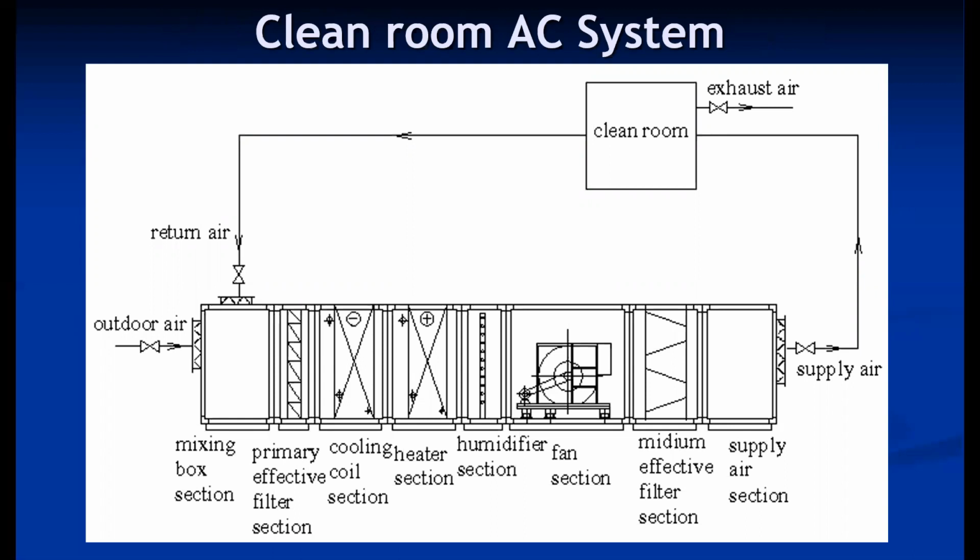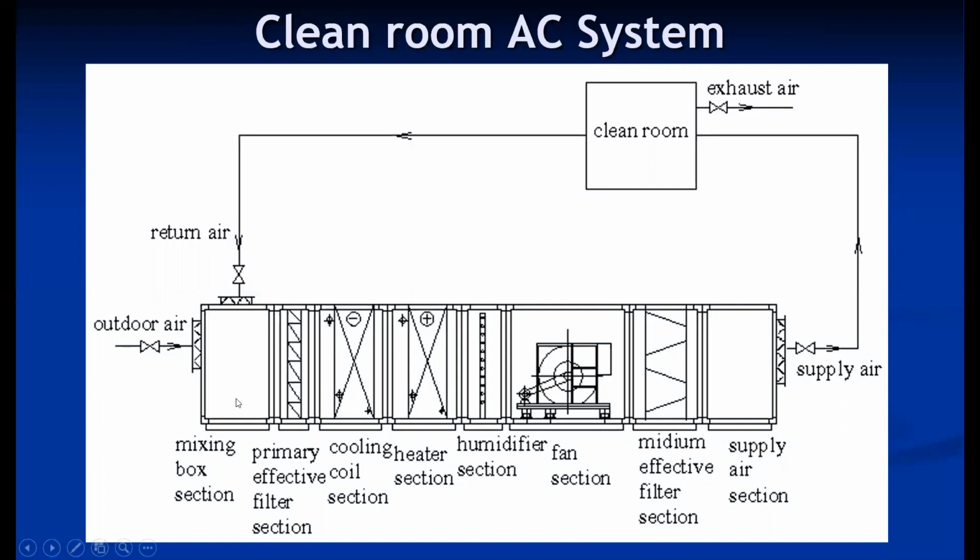Actually, the main difference between the conventional air conditioning system and the clean room air conditioning system is that in the clean room air conditioning system, the air handling unit is equipped with most of the equipments, like multiple major filters. Then provisions for heating, humidification, cooling, all these provisions are there.